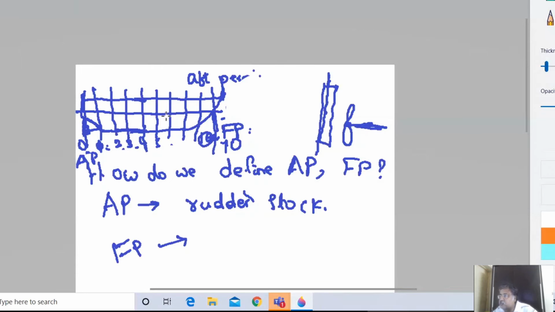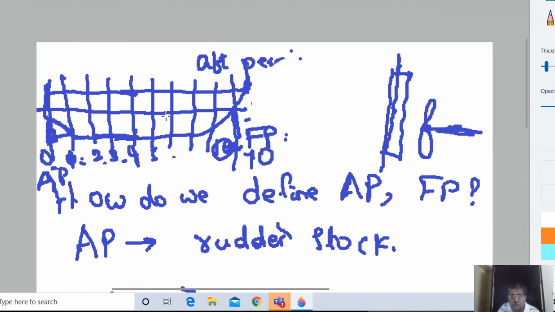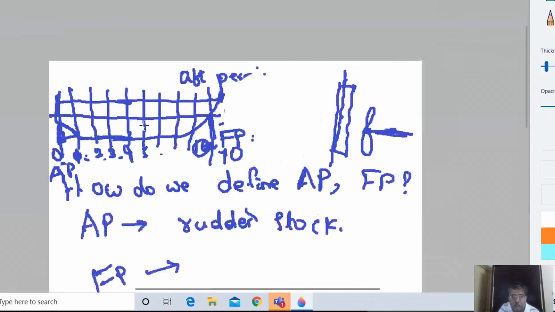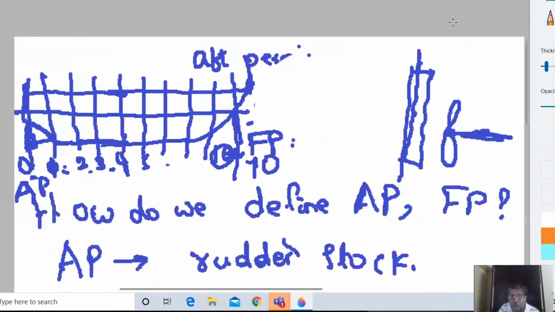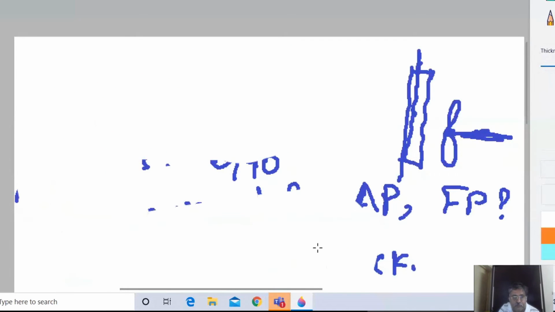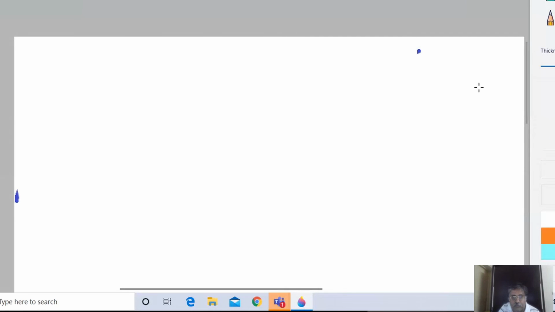After perpendicular, forward perpendicular, bow of the ship. Then we have a couple of things. As I told you, we talked about the length of the ship.